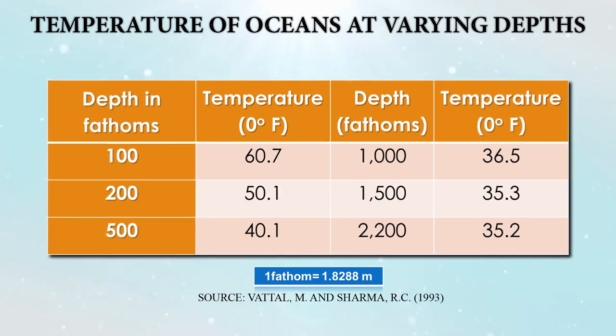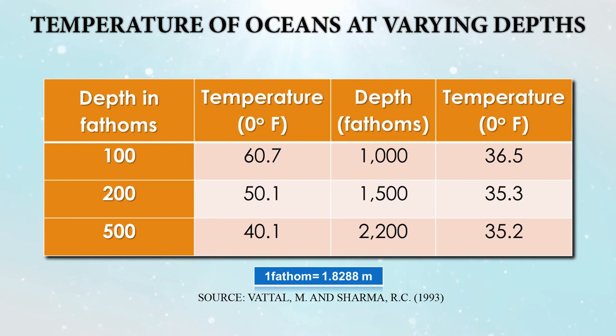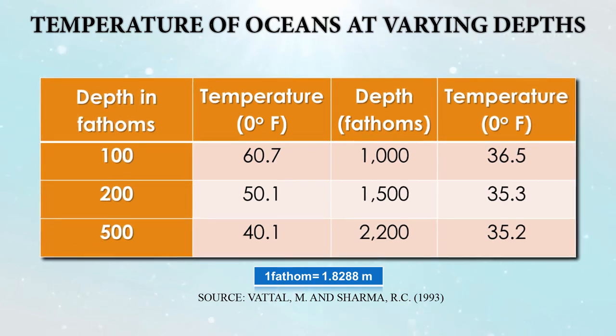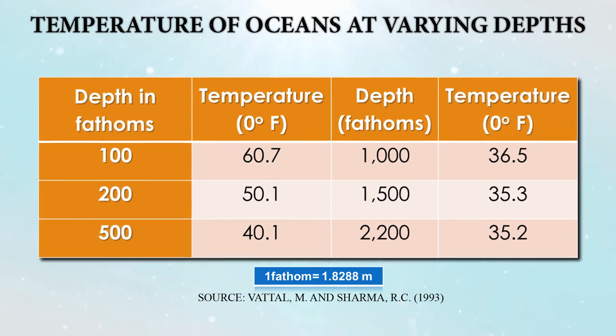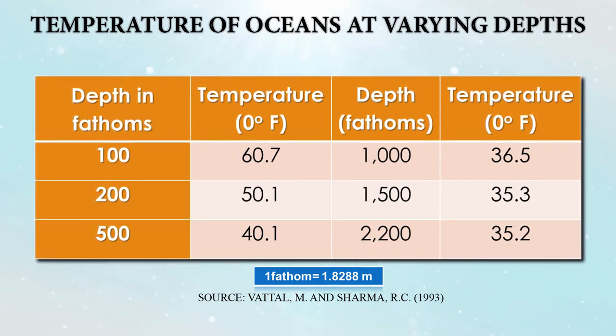Then since the depth is increasing, you come to the right portion, where the depth increases from 1000 to 1500 to 2500. The temperature is decreasing like 36.5, then 35.3, and then only 35.2. So between 1500 fathoms and 2200 fathoms, you see the decrease of temperature has become stagnant.